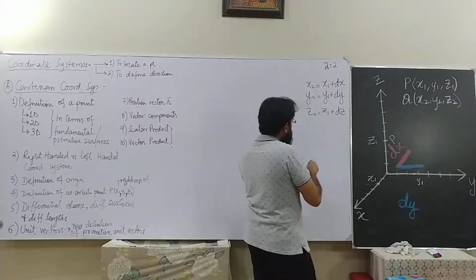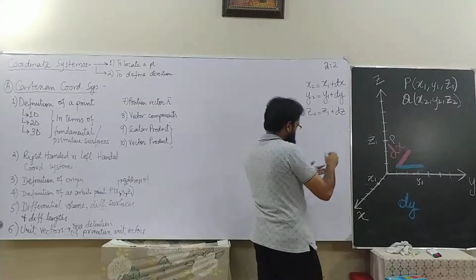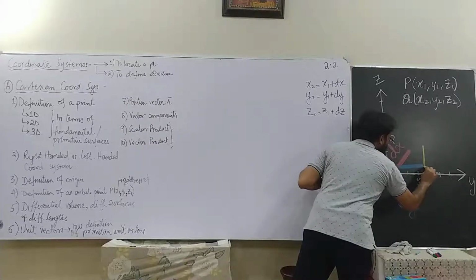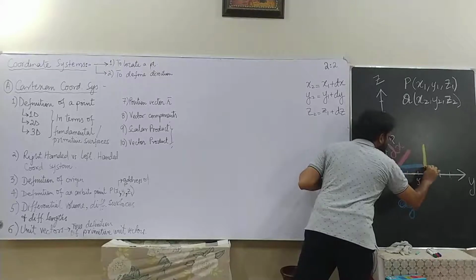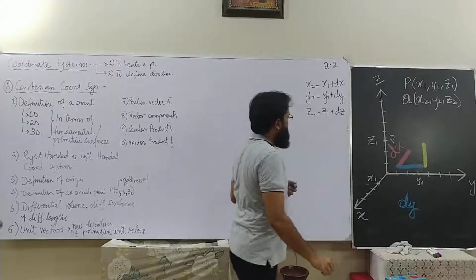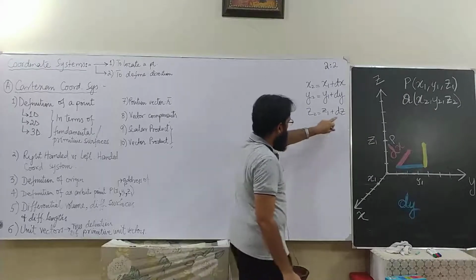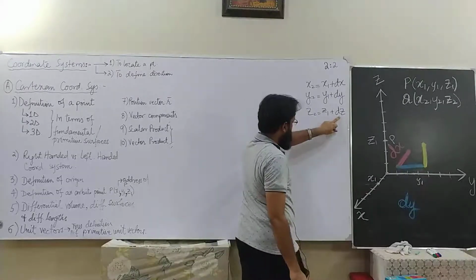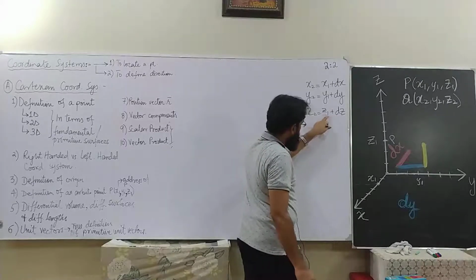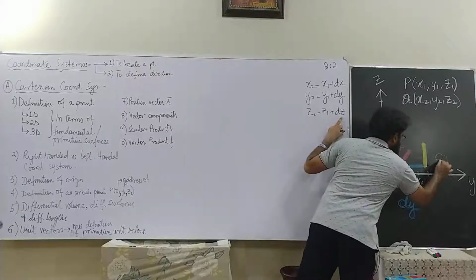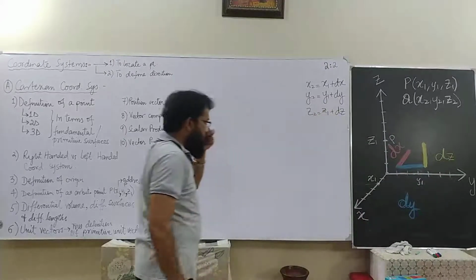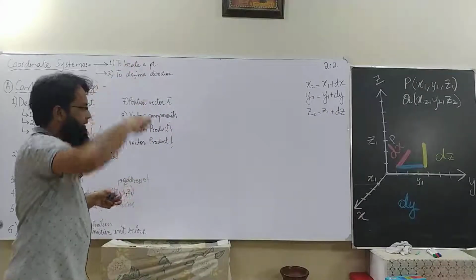So to reach the plane z equals z2, we have to move in the direction of z. How many units? dz units, okay? Because we were already on z equals z1, so we just added dz units to the original plane. So we reached another plane now.